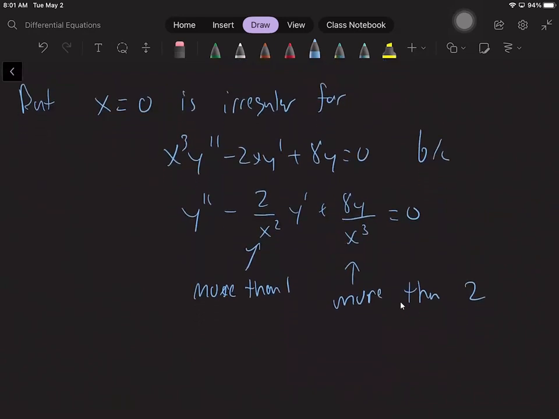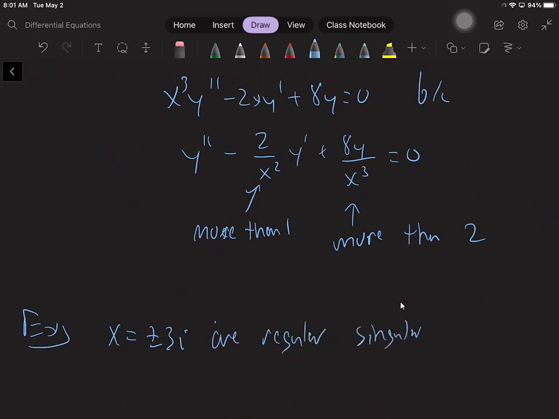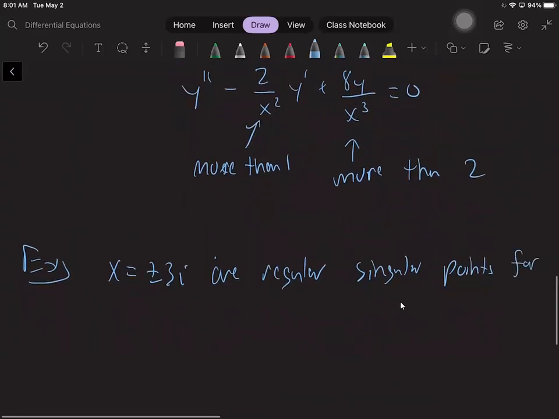You can also have complex numbers be singular points too. So for example, this one has 2 regular singular points, plus or minus 3i, because when you divide it out, those are the 2 zeros of x squared plus 9, basically.